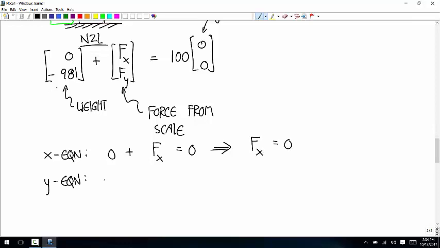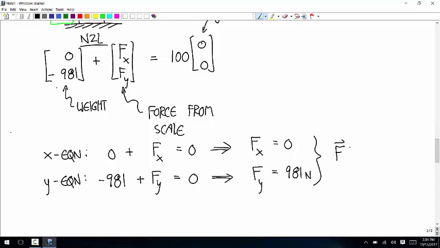And the Y equation says negative 981 plus Fy is equal to 0. So what's the force Fy? Yeah, positive 981 newtons.